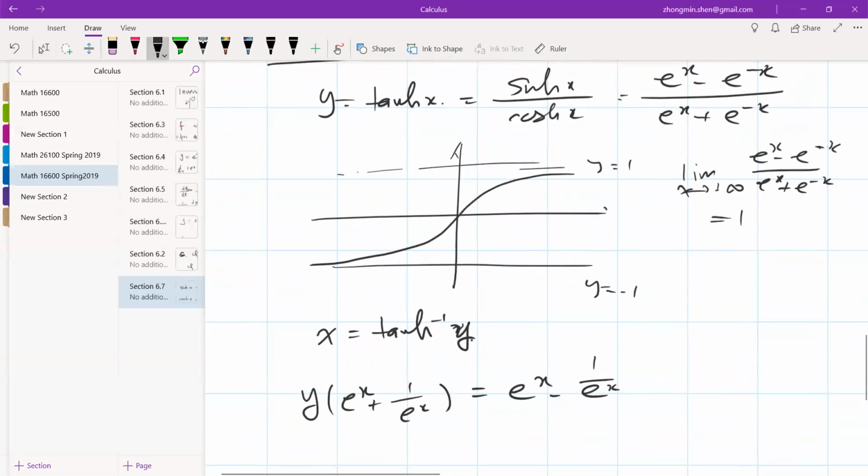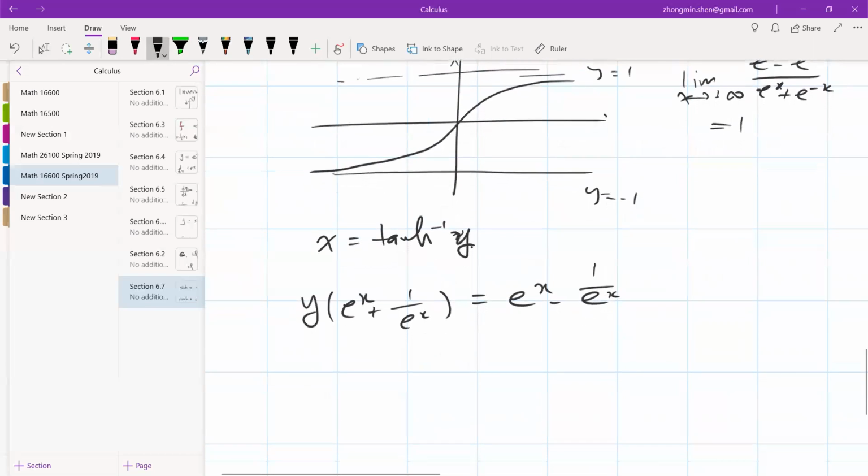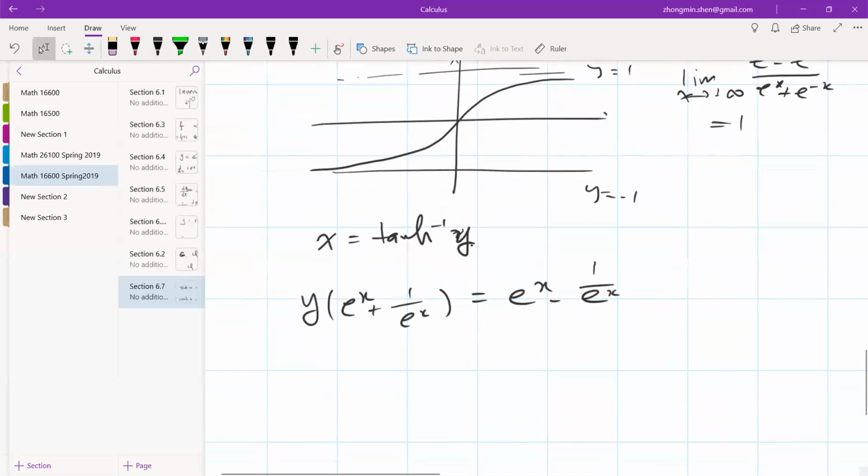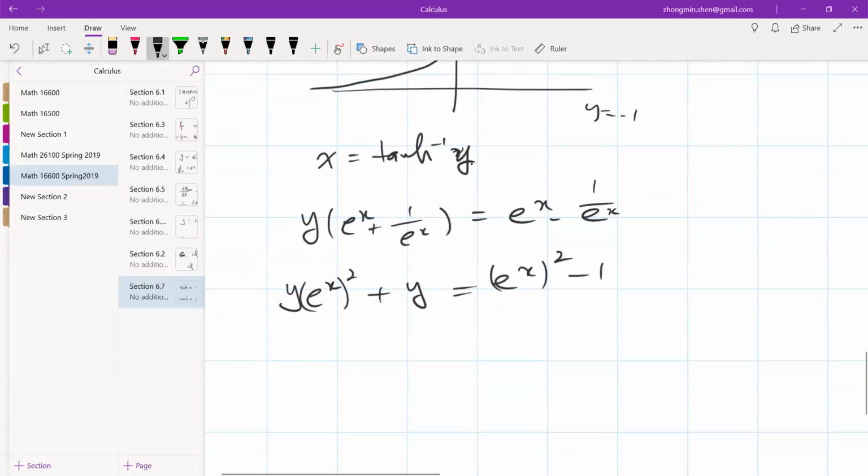Then again, you multiply both sides by e to the x. This is the square, plus y, then e to the x squared minus 1. In this particular case, you don't need to solve a quadratic equation. You move this to the right hand side, maybe.